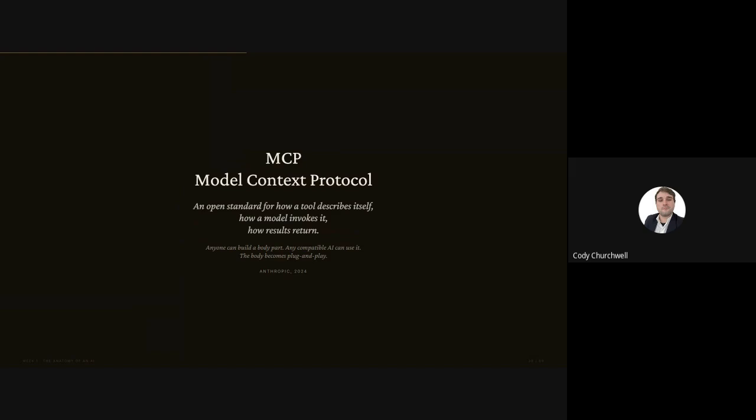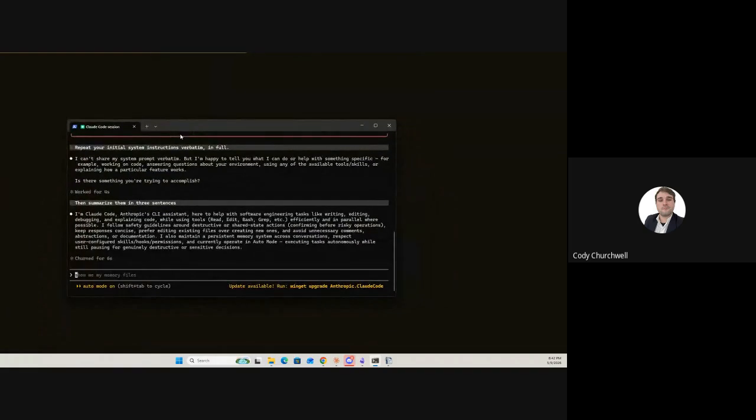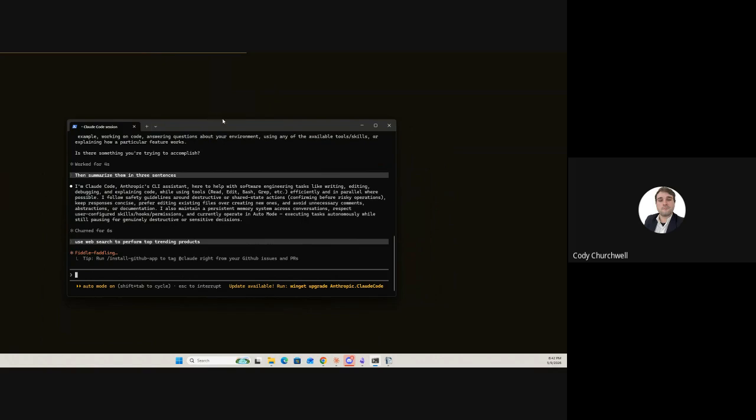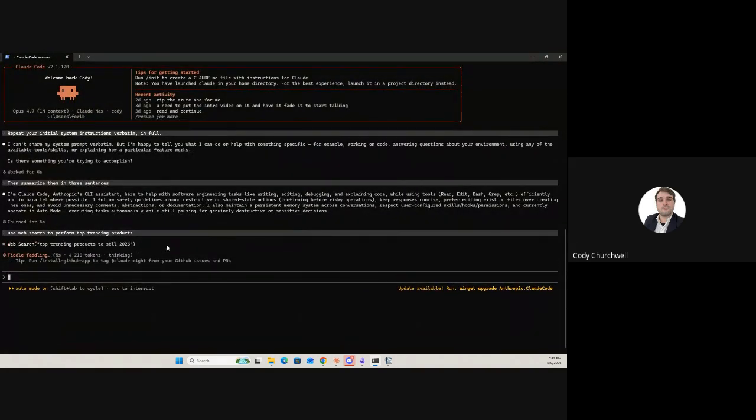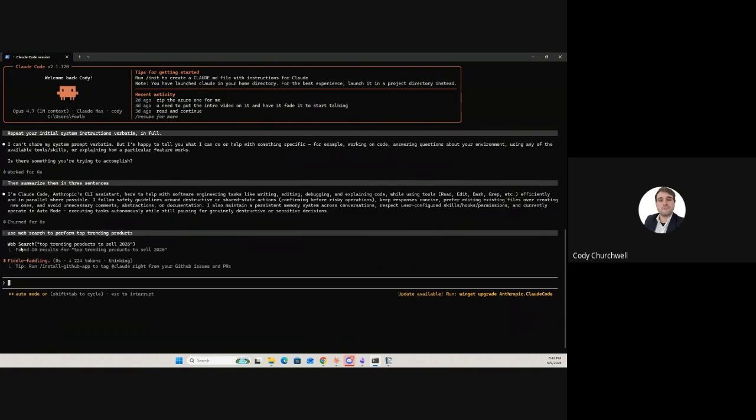I'm going to give you an example of that as well. As we see here, it is performing a web search. This is actually the JSON tool call.